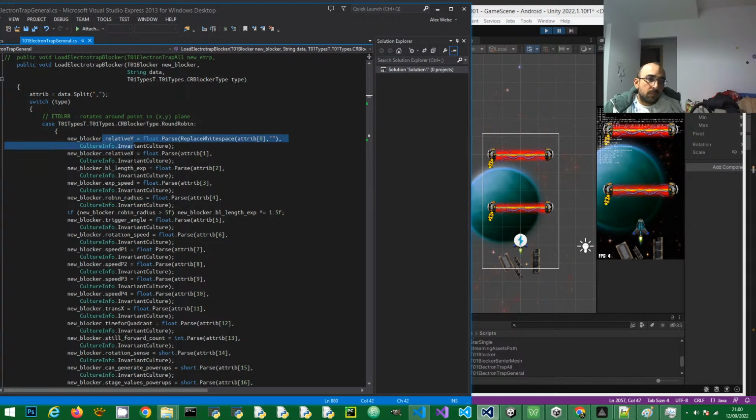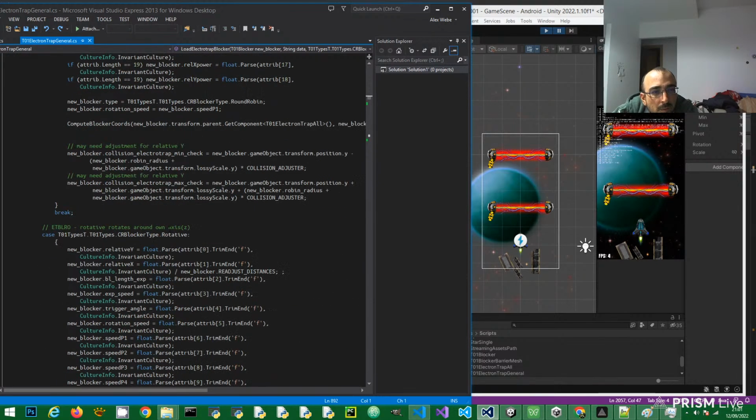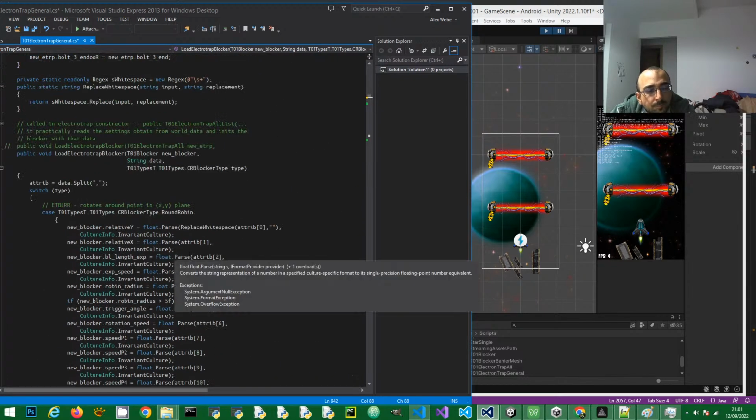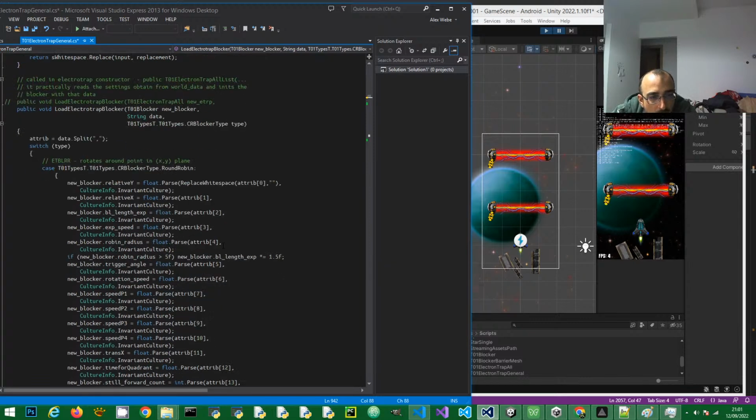So we have the relative positions, length expansion, speed, and the radius. Okay. Robin radius. And this we have to divide, I don't know, with our readjusting distances. Okay. So we have this one. Good.